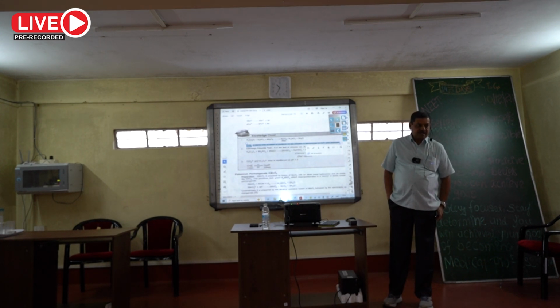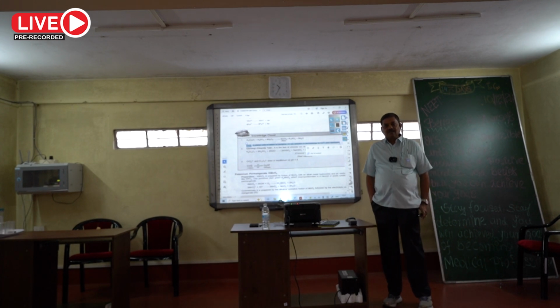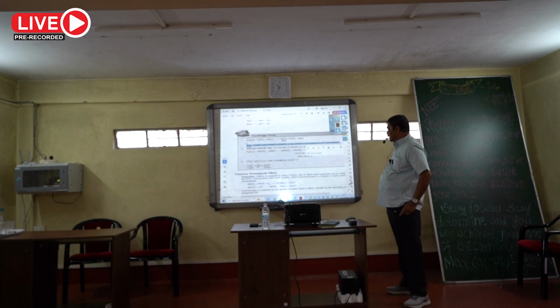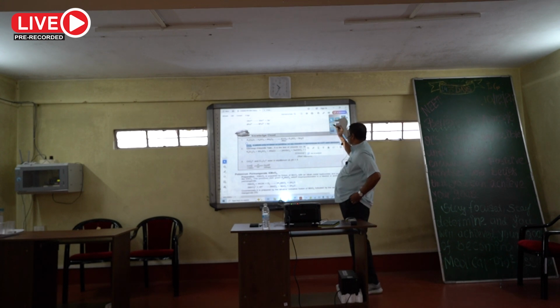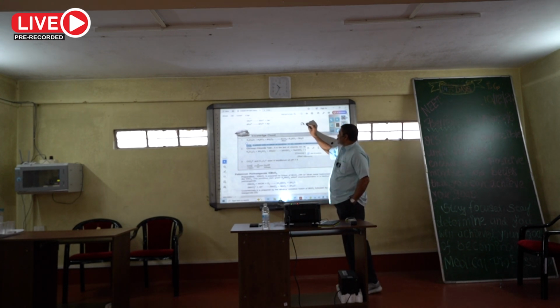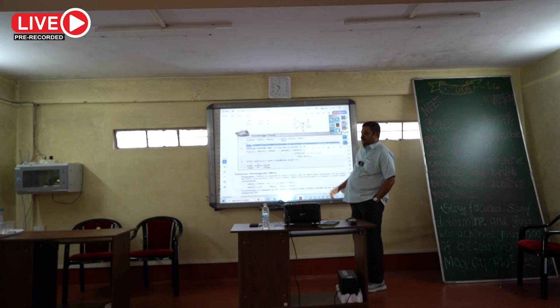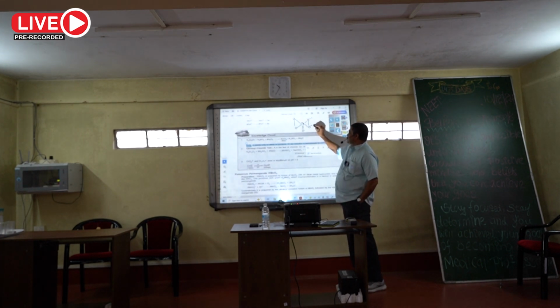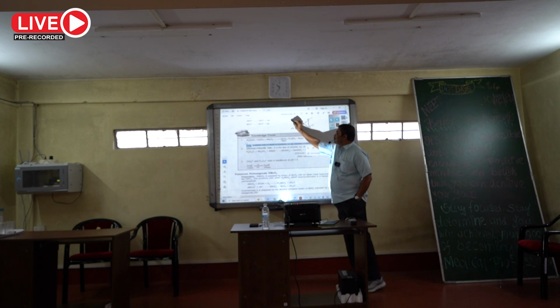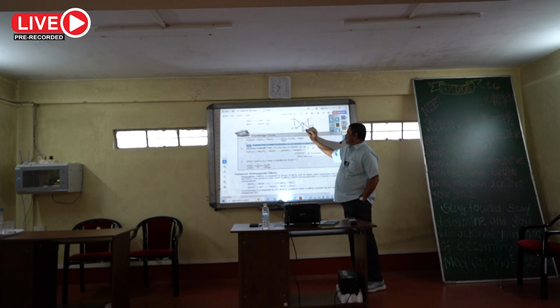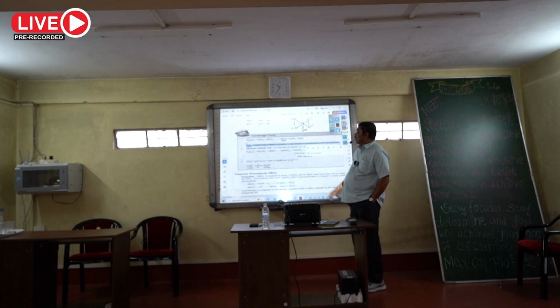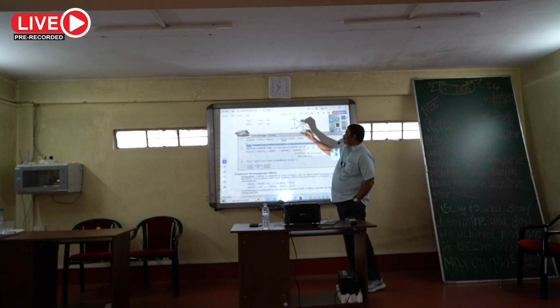It has a butterfly structure. 4 oxygens have -1 oxidation state. This is the CrO5 structure. These 4 oxygens will have -1. This oxygen is -2. And chromium will get +6.